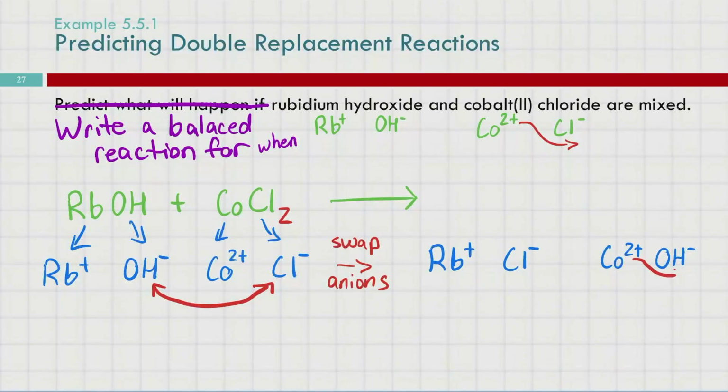Then we crisscross. We don't have to do that for the rubidium and the chloride since they're 1-to-1. A 1 positive charge balances out a 1 negative charge. And then we can recombine. These are our new pairings. So we've got rubidium chloride and cobalt-2 hydroxide.